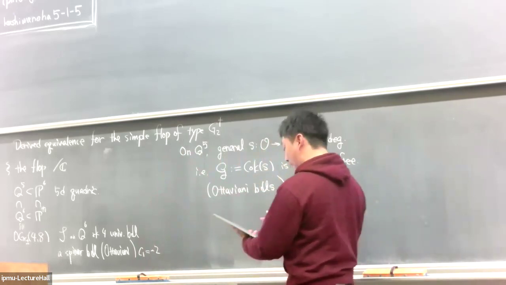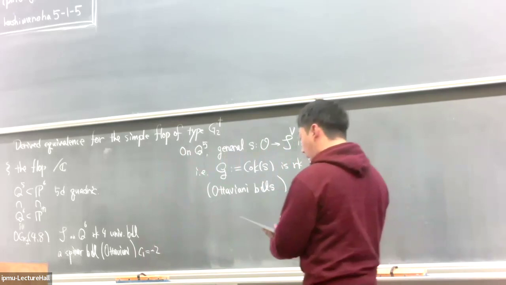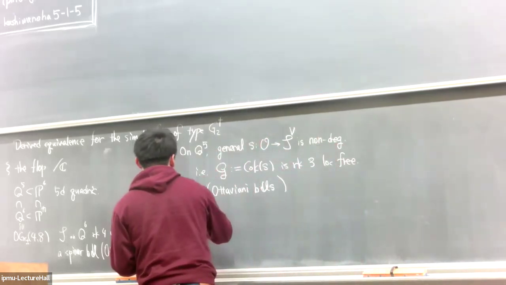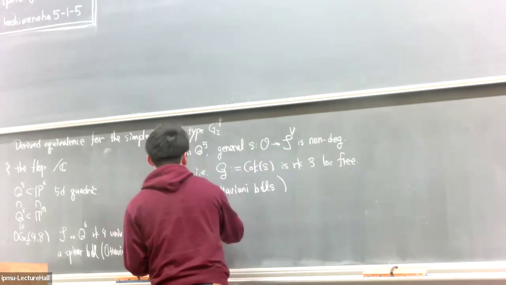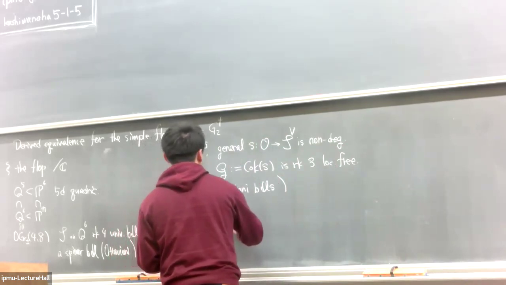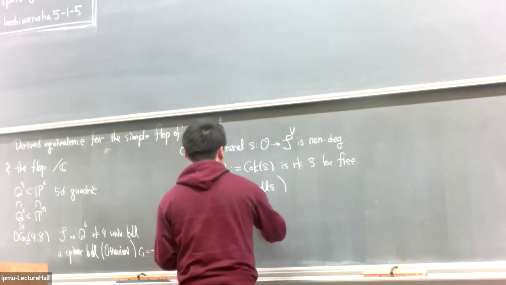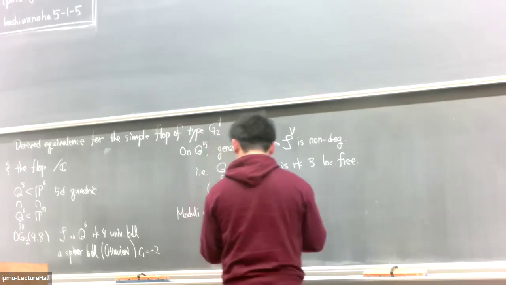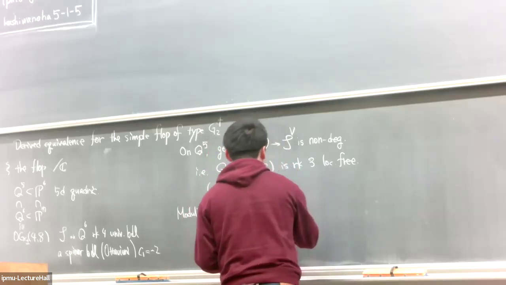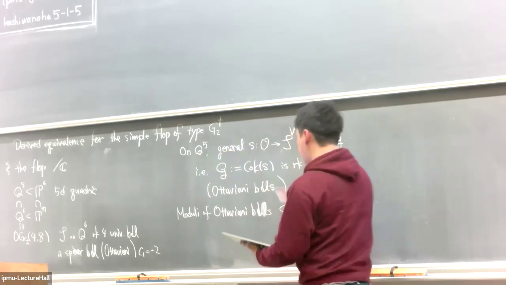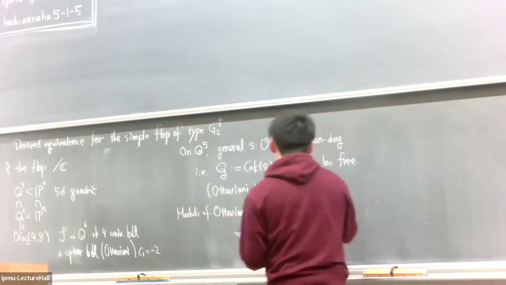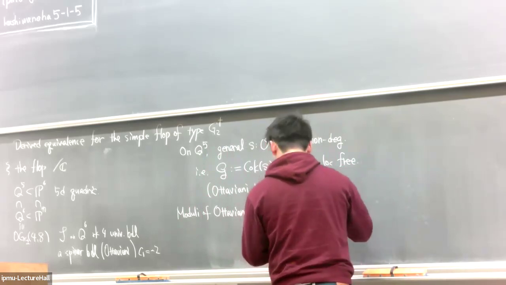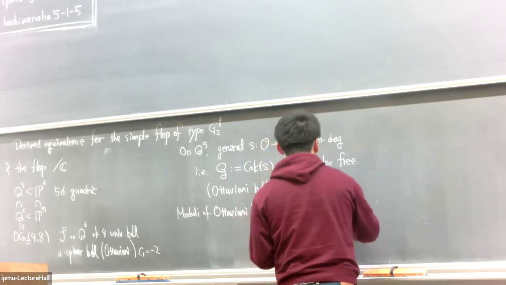It is known by Ottaviani that the moduli of Ottaviani bundles, using the choice of this section, can be embedded into the projective space of the global sections.